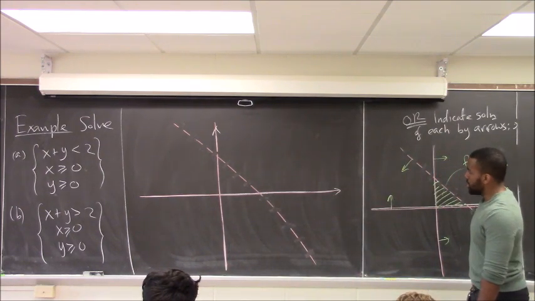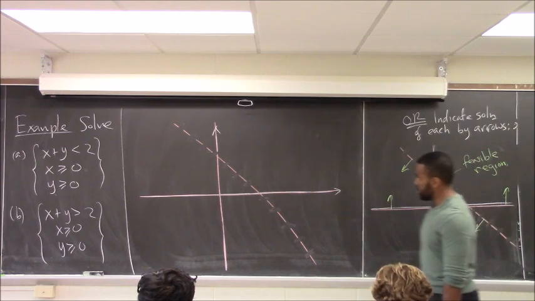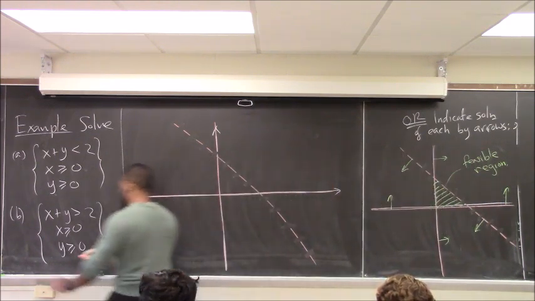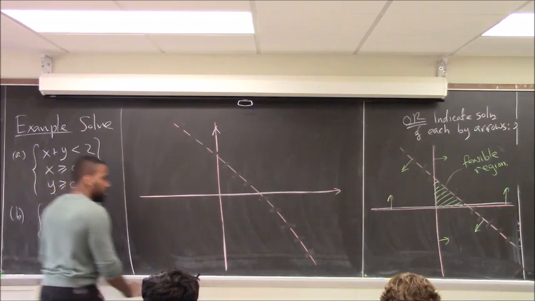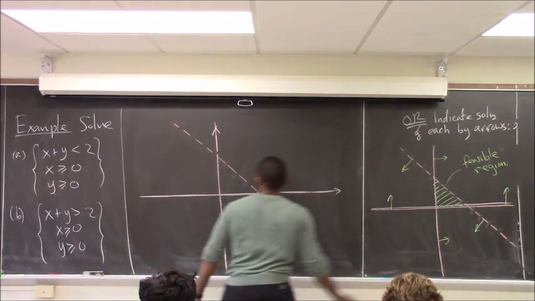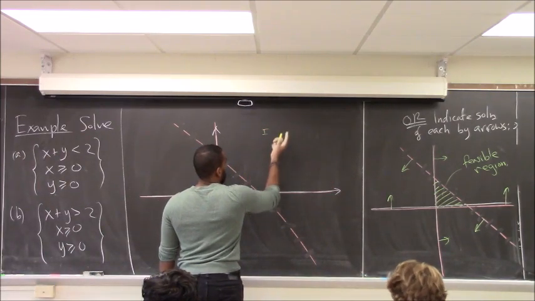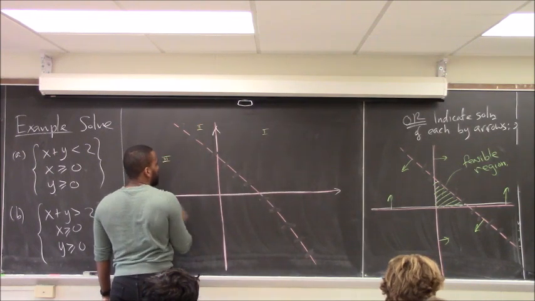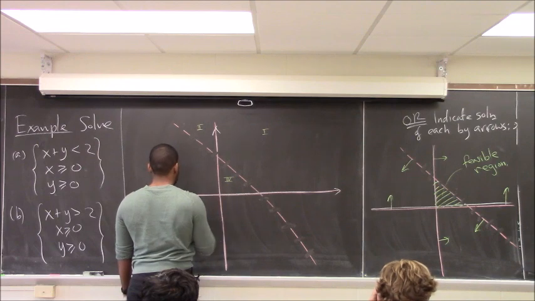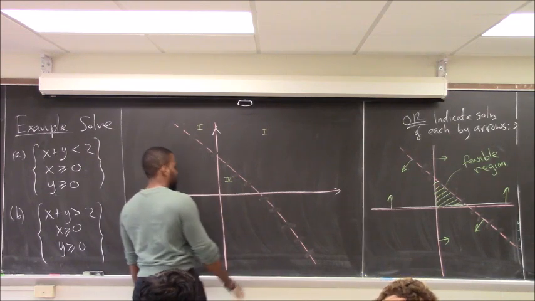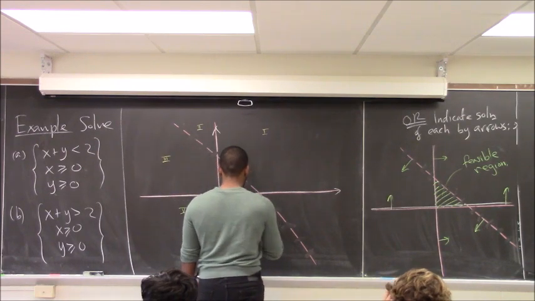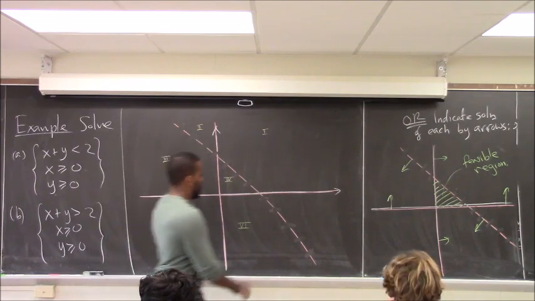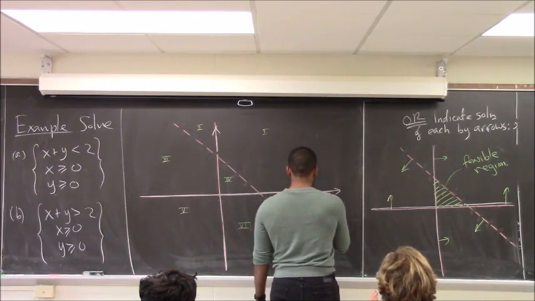So now, it turns out that we have a lot of spaces. So let me kind of list these guys off here. So there's region 1, region 2, region 3, region 4, region 5, region 6, region 7.